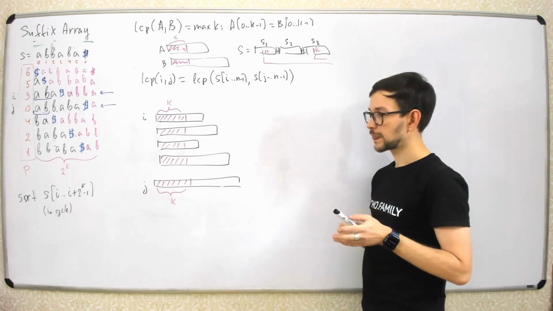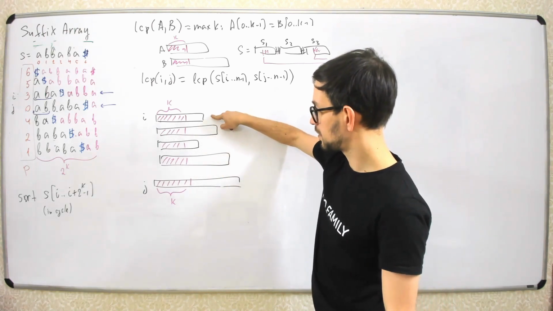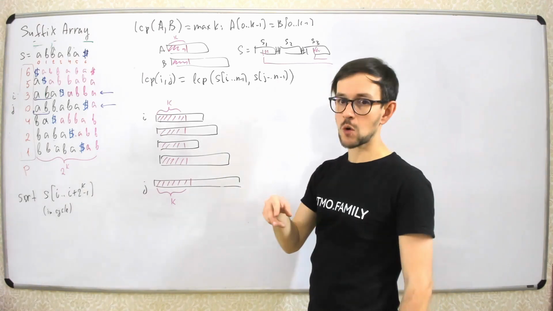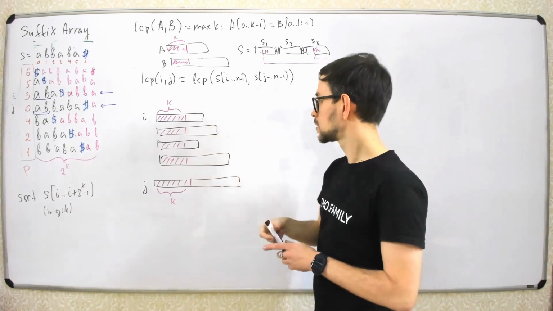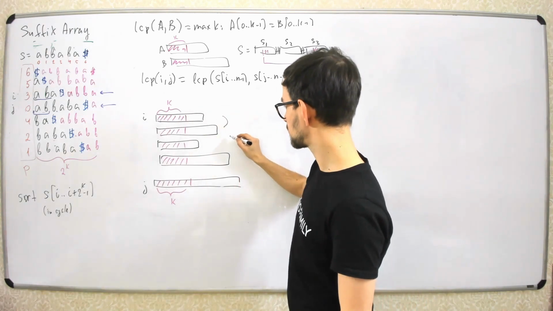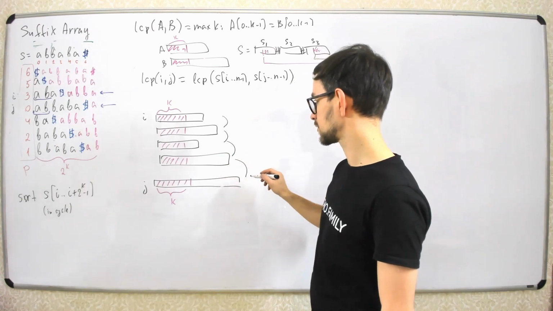So what we'll do, instead of calculating the longest common prefix between this and this suffix, we will calculate the longest common prefix between any two consecutive suffixes. So we'll calculate the LCP of these two suffixes, the LCP of these two suffixes, and of these two suffixes.